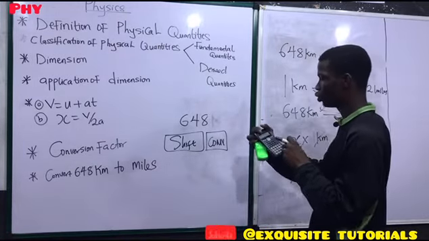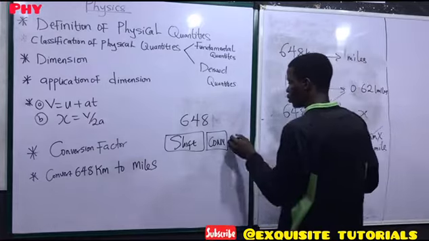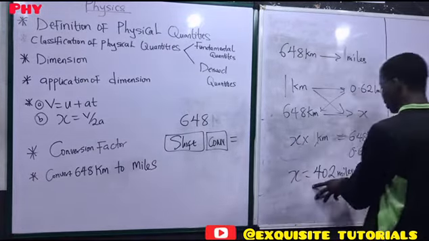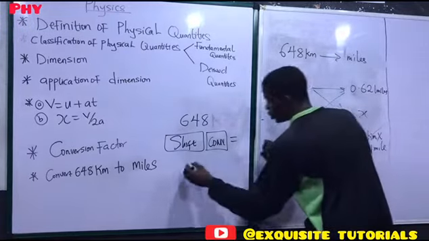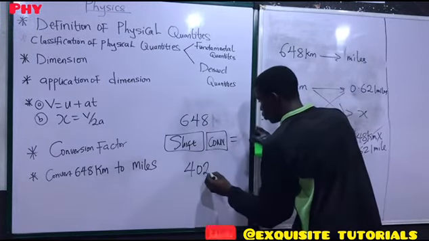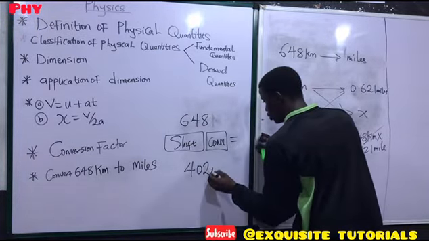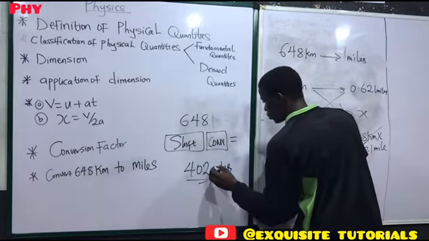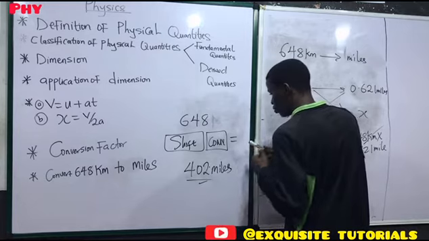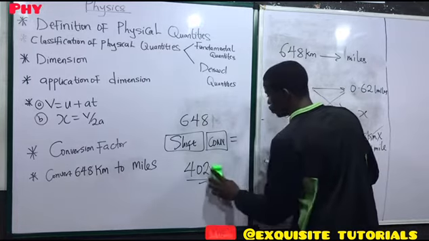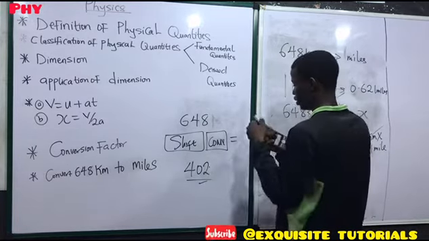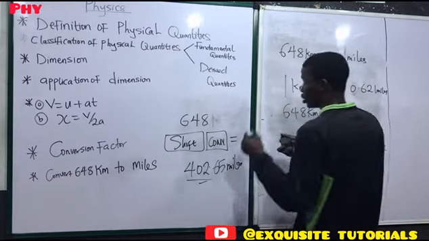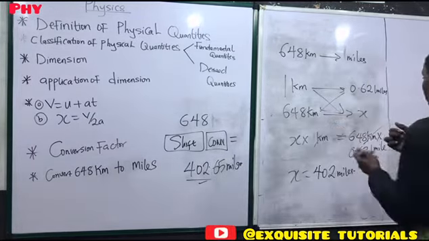You now press equal to. You find out that the same answer you got here is the same answer you get, which is 402 miles. When I use a calculator, it gave me 402.65 miles, which is the same thing as this.